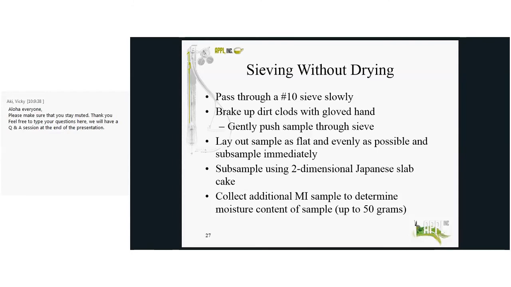You're going to break the dirt clods up as much as you can and gently push those through the sieve also. Then you're going to incremental sample using a minimum again of 30 increments. And since this sample is not dried, once again, you're going to have to go through the same procedure to do moisture correction.